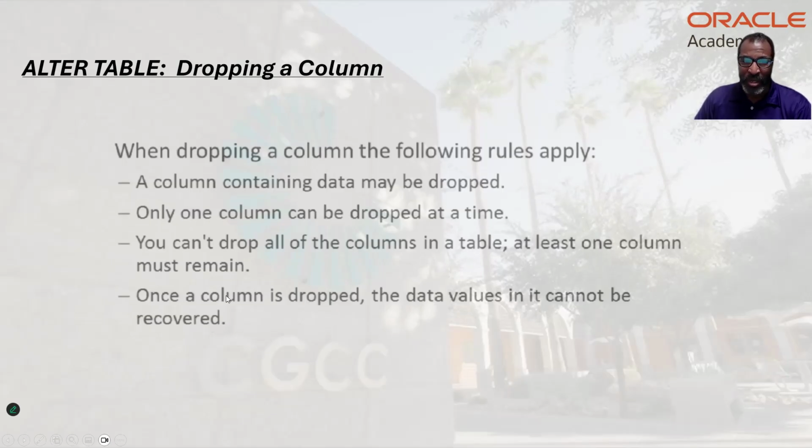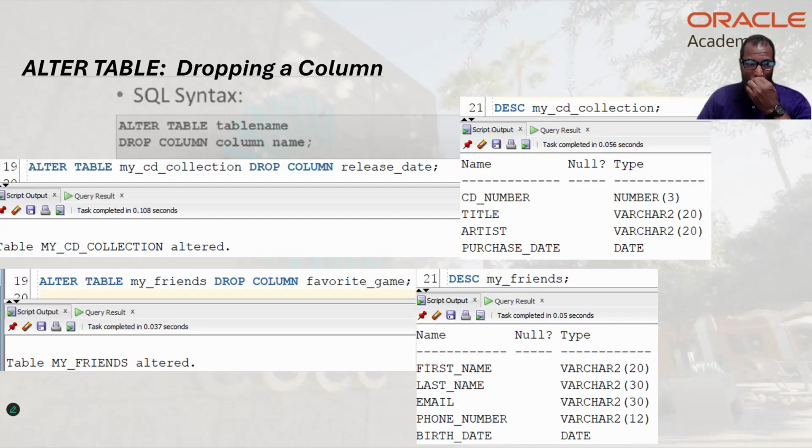Once a column is dropped, the data values in it cannot be recovered. So if you drop a column with data in it, it's gone. You have to recover it another way. Hopefully there's a backup. Usually you have to be very careful in dropping columns. In all the things that I've done as a DBA, I've never dropped a column inadvertently that had data.